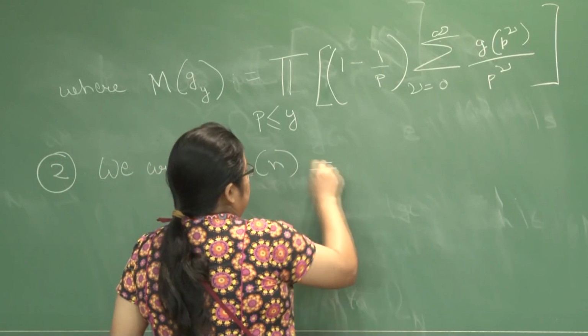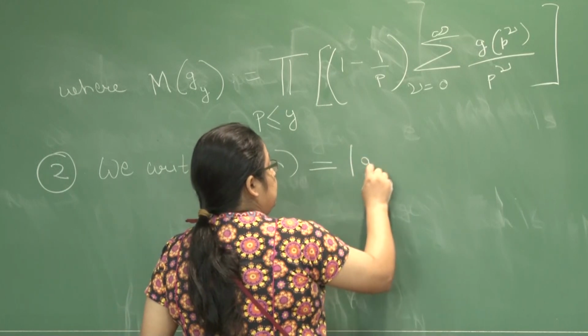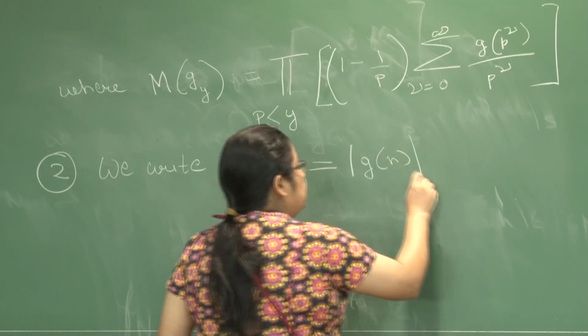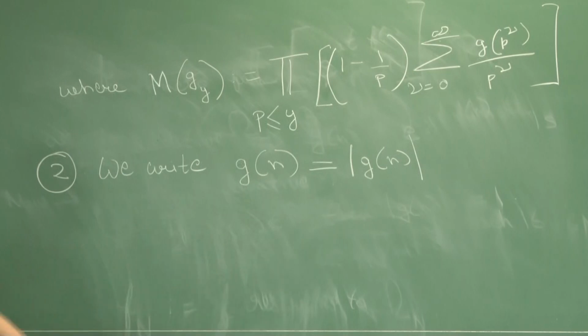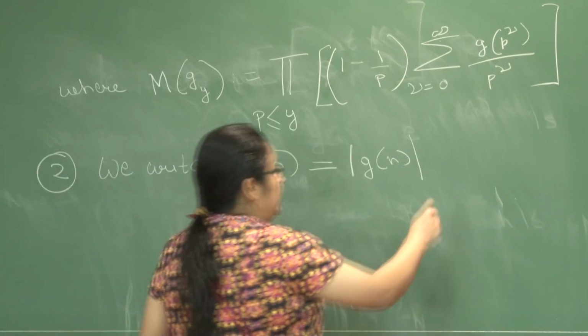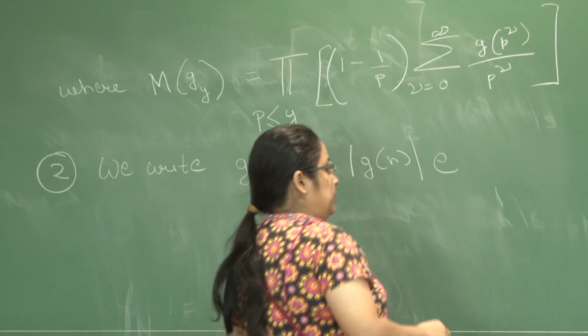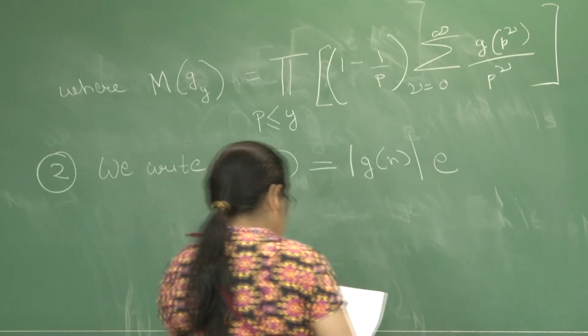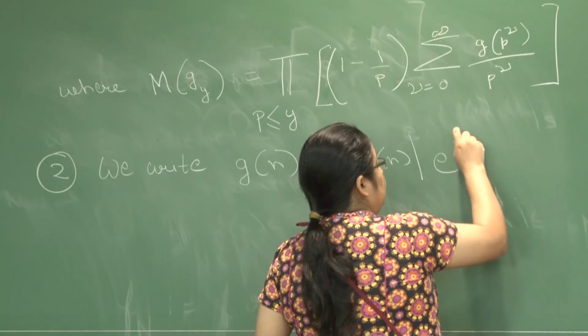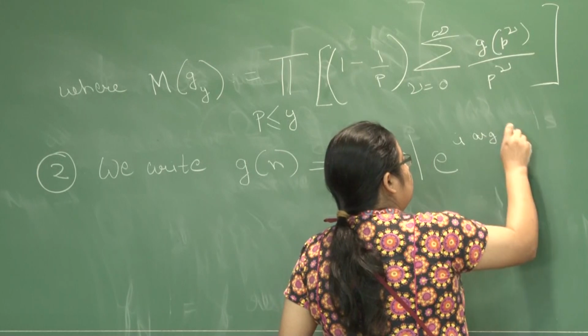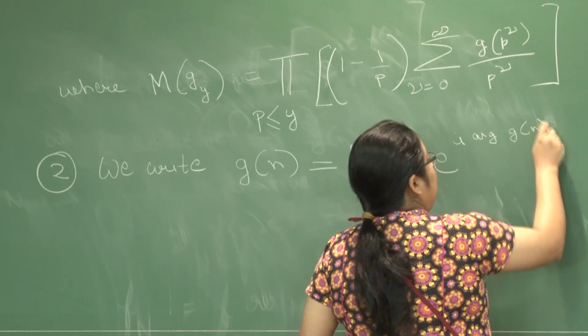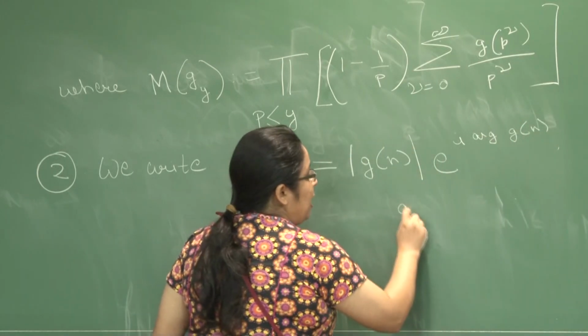Then we write this as the absolute value of g of n times e raised to i times the argument of g of n, where you choose your argument.